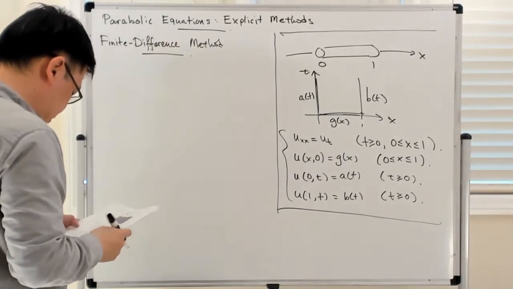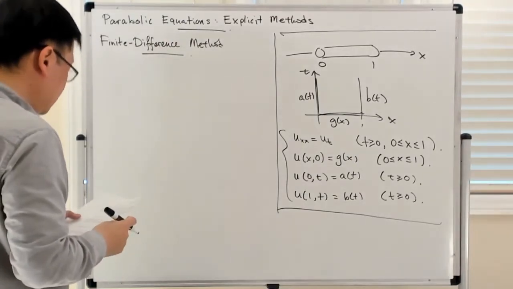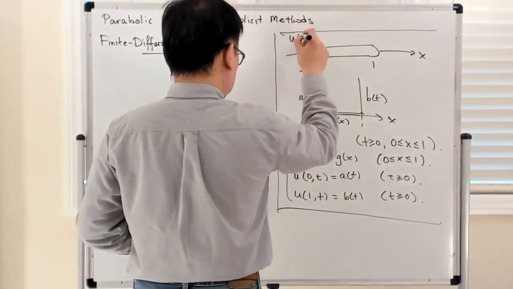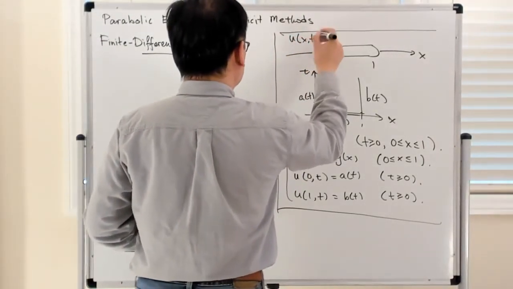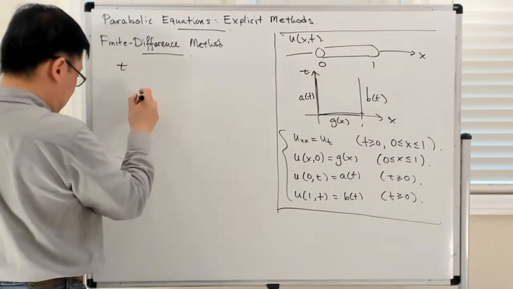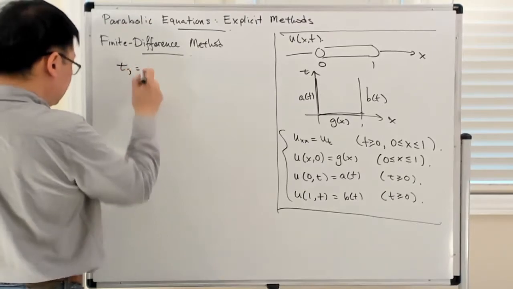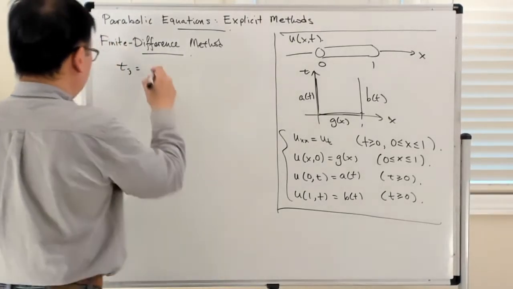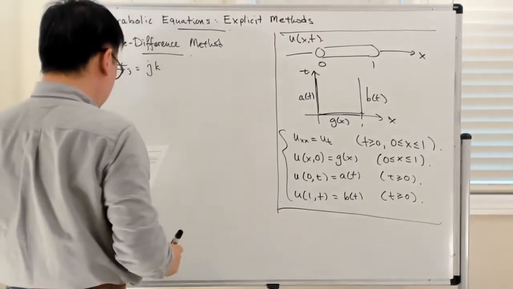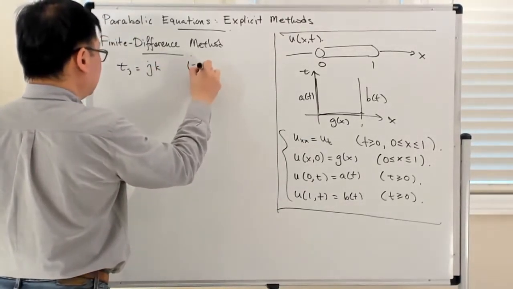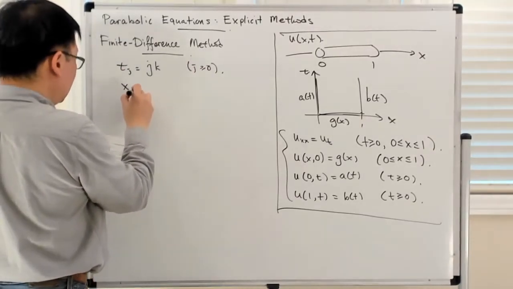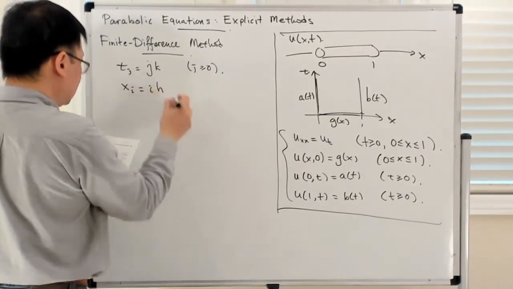Okay, so I'm going to, again, this is u of x and t. So I'm going to write t_j as j times some step in time, which I call k, and so j is greater than or equal to 0, and then x_i is i times h, right?